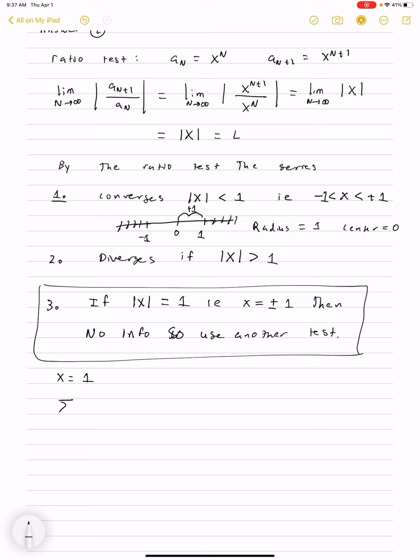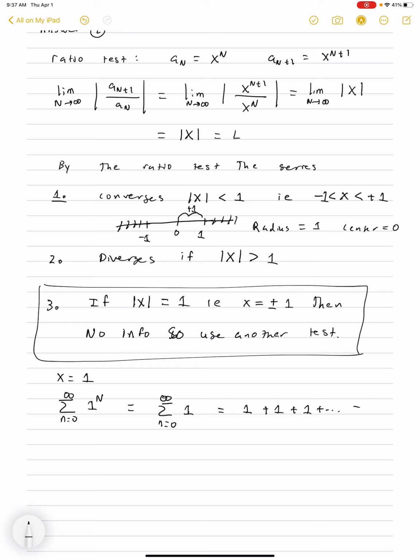If x equals 1, the series becomes 1 to the n. And once I checked, anything to the 1 power is 1. So, this is going to say when n equals 0, I get 1. When n equals 1, I get 1. When n equals 2, I get 1. And so on.